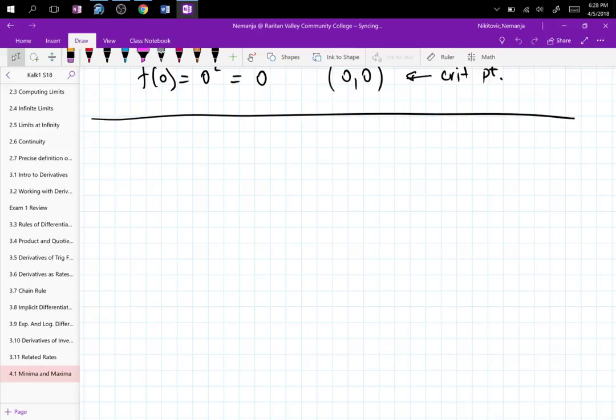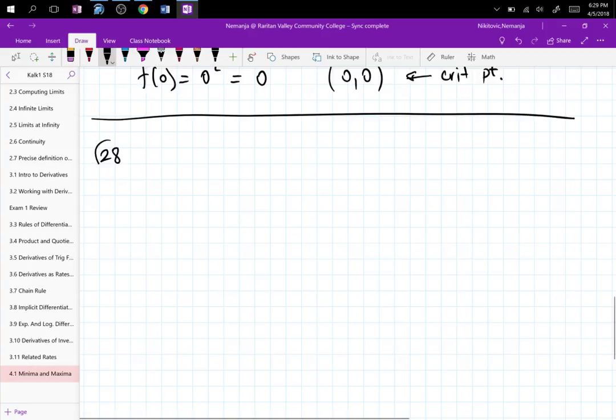So locating critical points, problems 23 through 36. Let's pick 28 to start off.